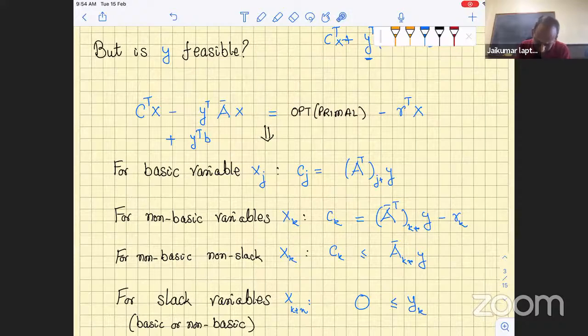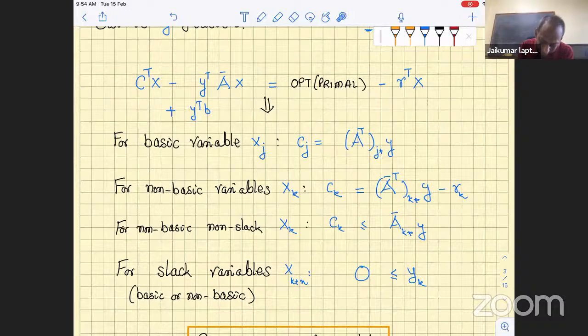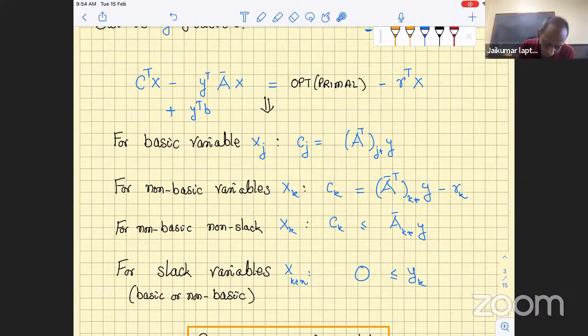It's a question of routine manipulation, but let us just do it quickly. What we know is that the basic variables have vanished from the right hand side, which means that when the basic variables' coefficients are extracted out of this, they are exactly cancelling the coefficients of the basic variables here.